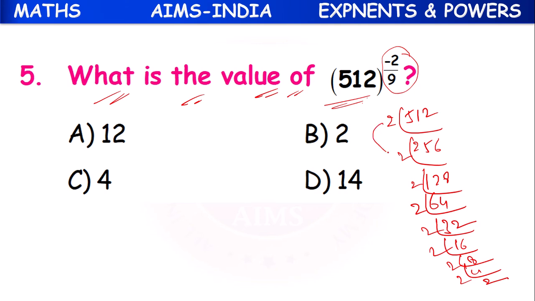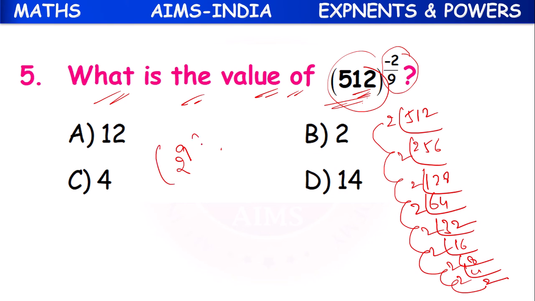So 1, 2, 3, 4, 5, 6, 7, 8, 9. So 512 can be written as 2^9.